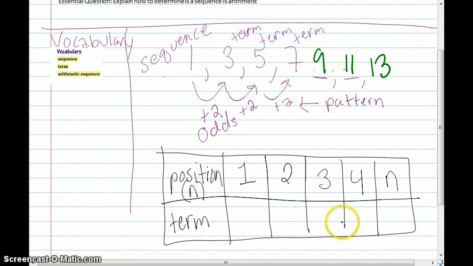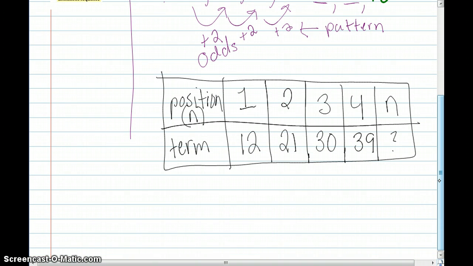And the importance of that is because later on we're going to learn to write an equation or a number sentence where we can find that term without having to add 2 every single time up until we get to the millionth term. So in this sequence, our first term is going to be 12, and then it's going to be 21, and then 30, and then 39, and then we don't know what the rest of them are.